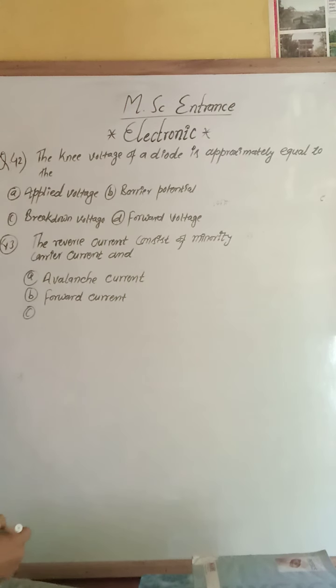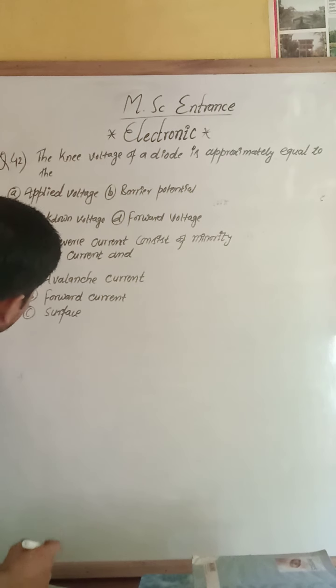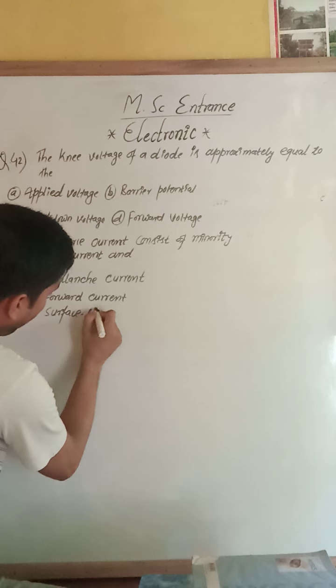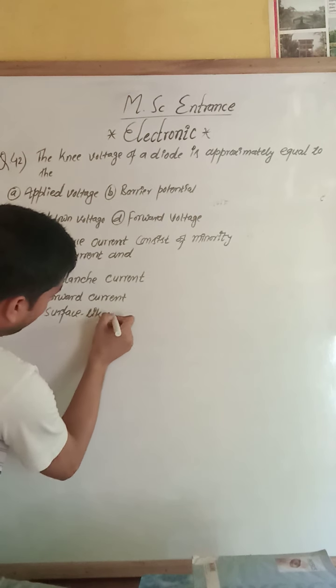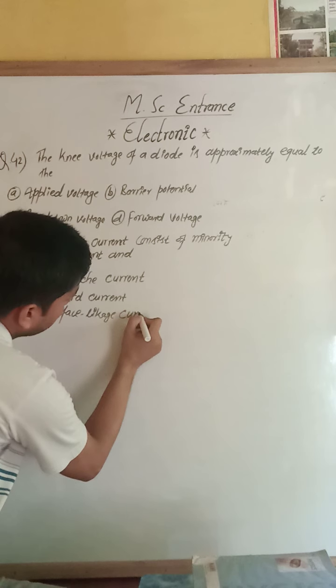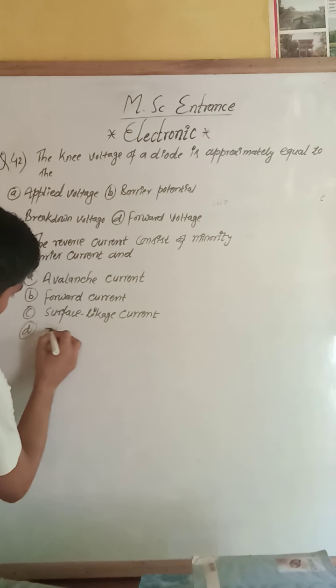Option C, surface leakage current. And the last option D is Zener current.